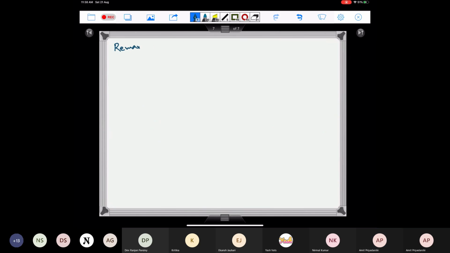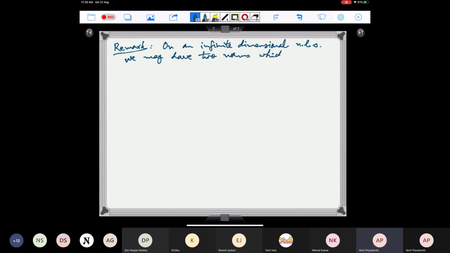Remark. On an infinite dimensional normed linear space, we may have two norms which are not equivalent.